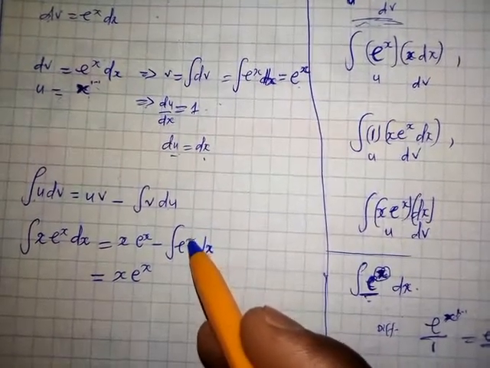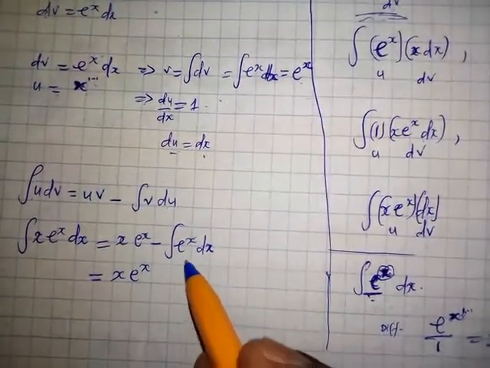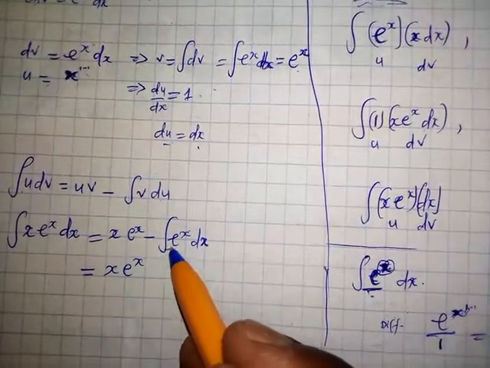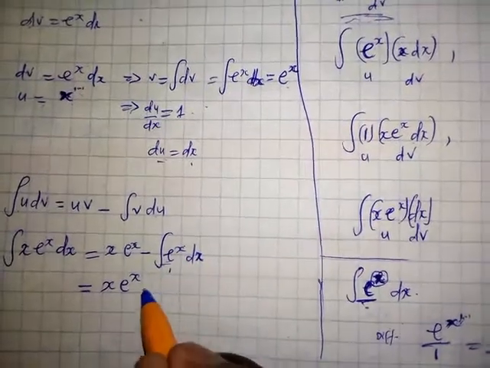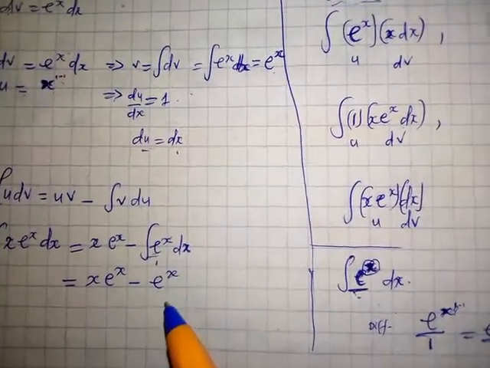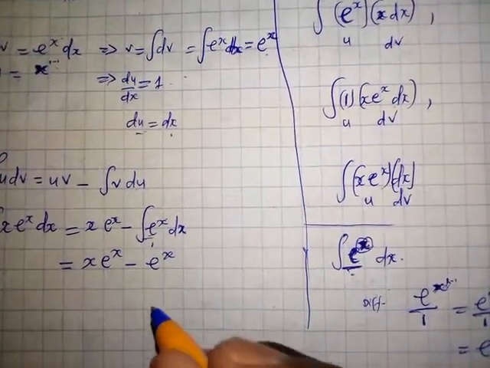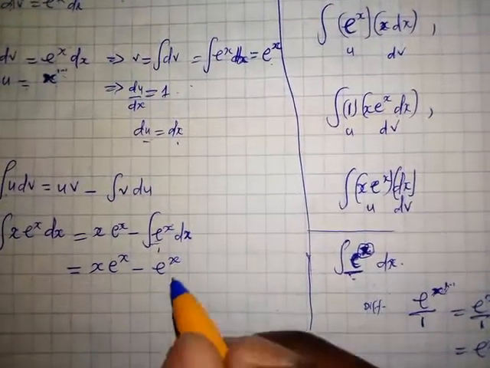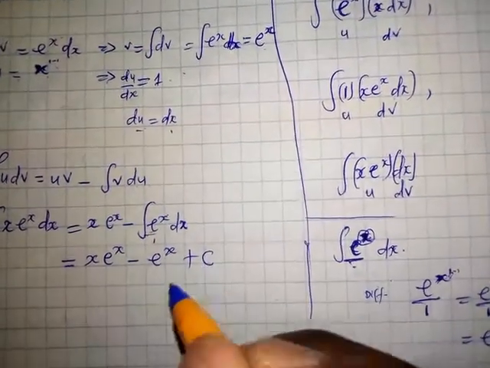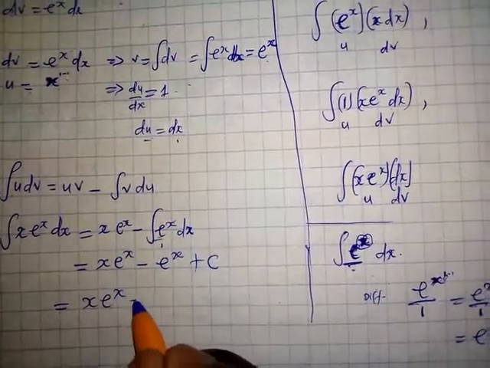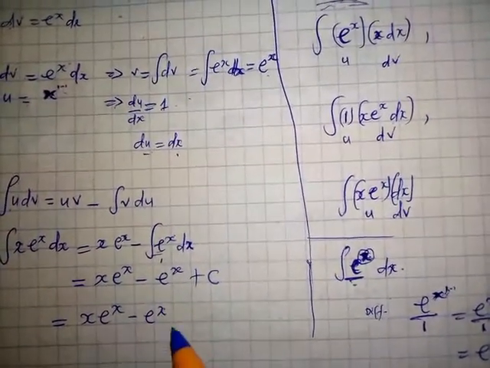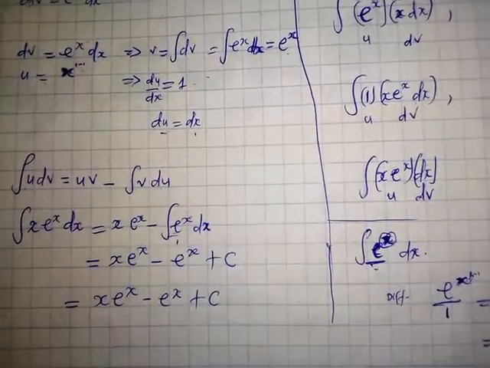So this will be e^x. But now in integration, we add an arbitrary constant c. So the answer becomes x e^x minus e^x plus c.